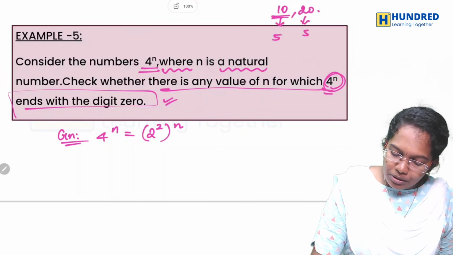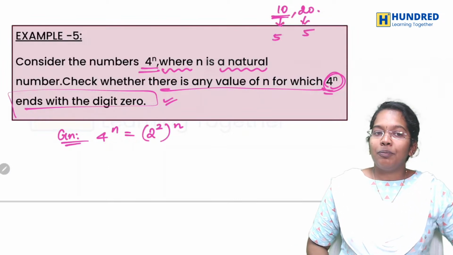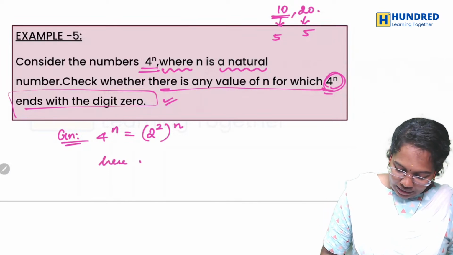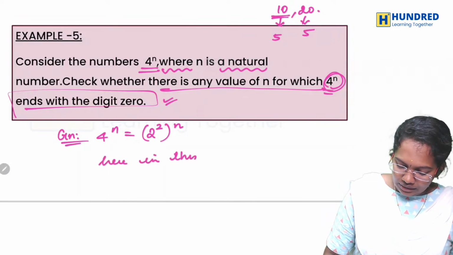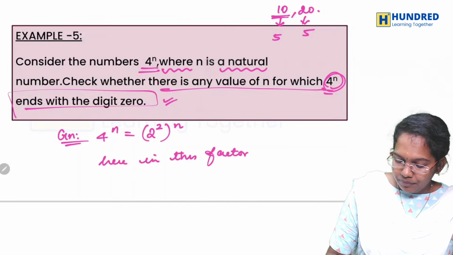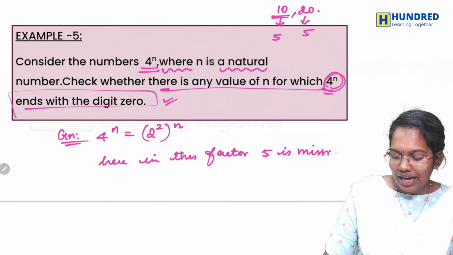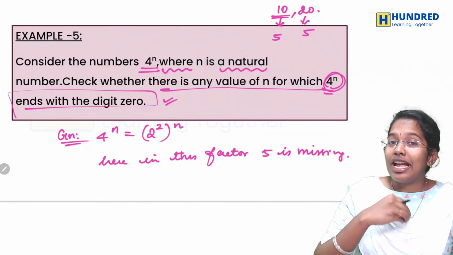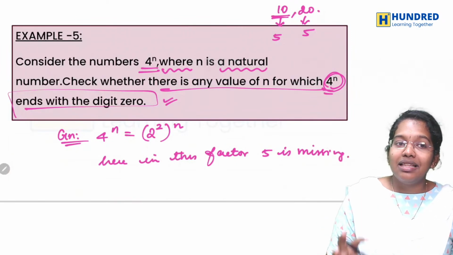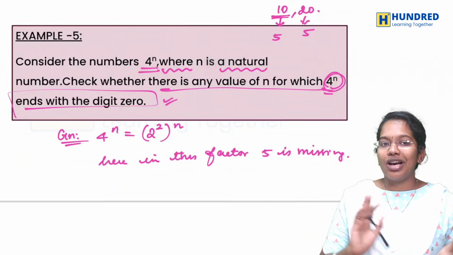Yes, there will surely be 5. So here in this prime factor, 5 is missing, right? So you can't have, for any value of n, the digit ending with 0. That's how you have to understand this.